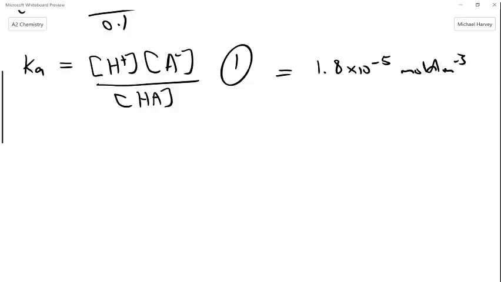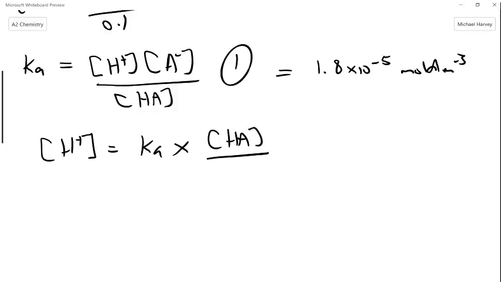Then we have to show the rearrangement of the equation. So H plus therefore equals the Ka times the concentration of the weak acid divided by the concentration of the A minus. That's 1 mark.